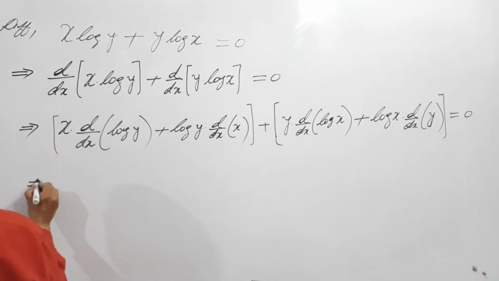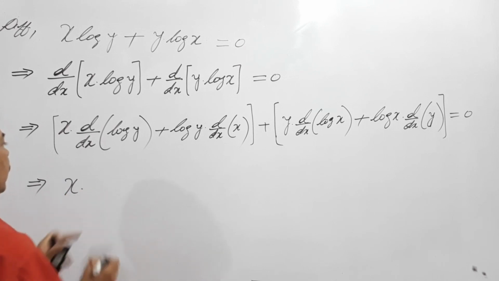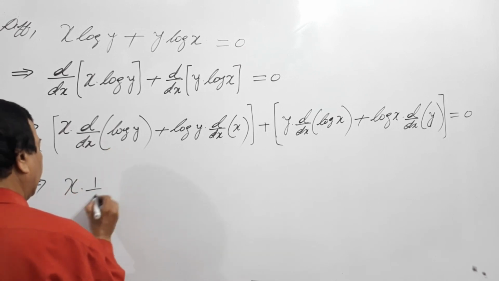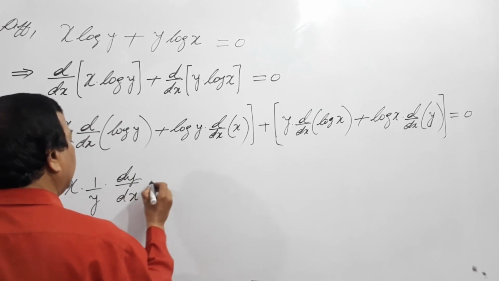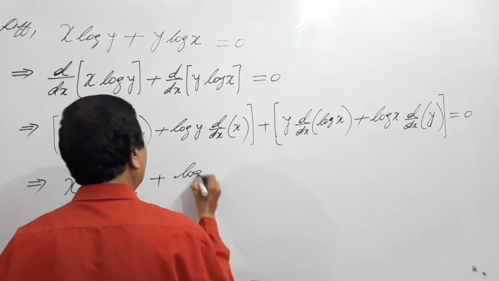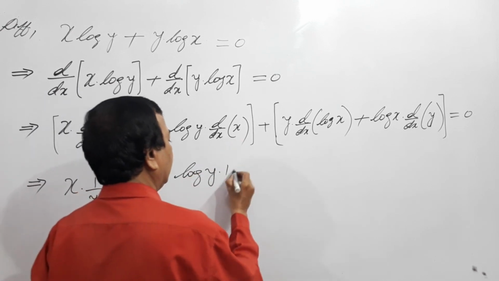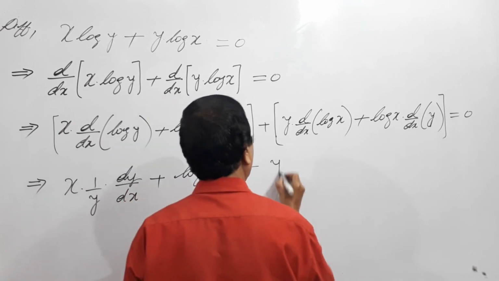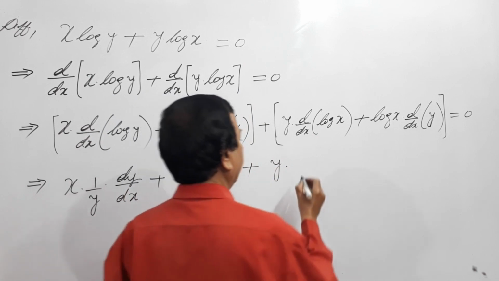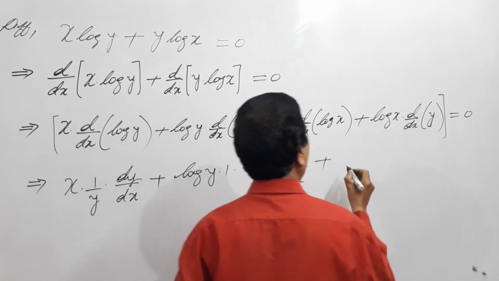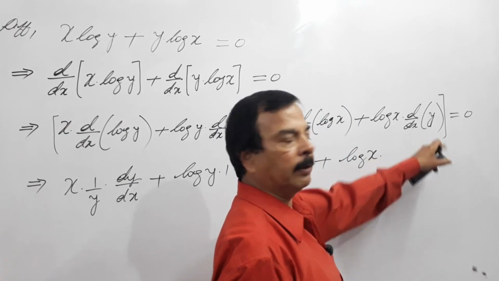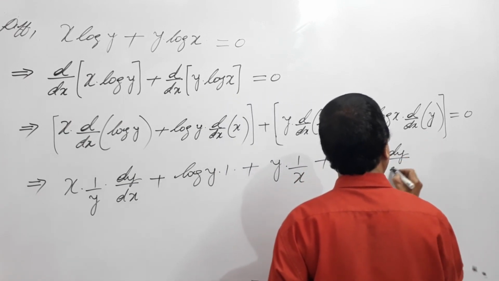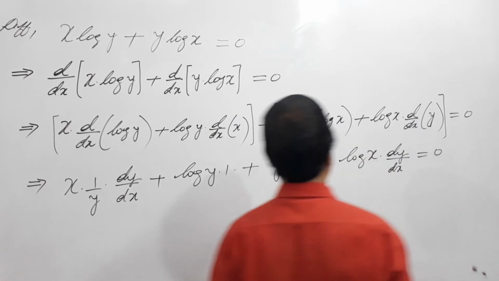So this is nothing but x into d by dx of log y, which is 1 by y into dy by dx, since you have to differentiate y also, plus log y into d by dx of x, which is 1, plus y into d by dx of log x, which is 1 by x, plus log x into d by dx of y, which is dy by dx, equals 0.